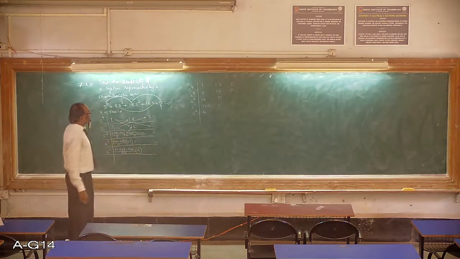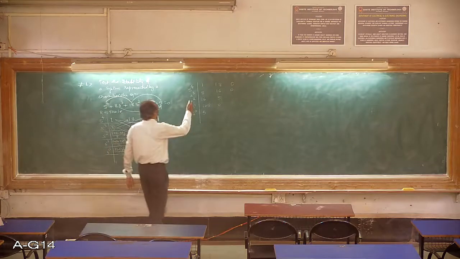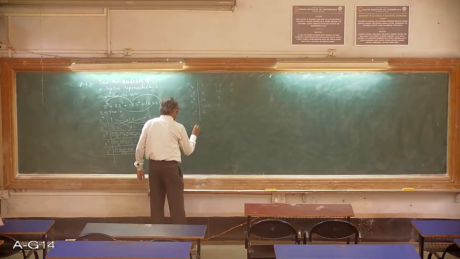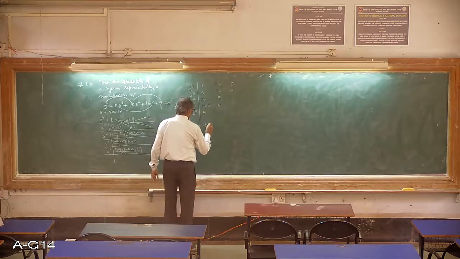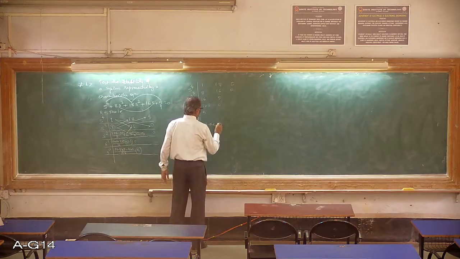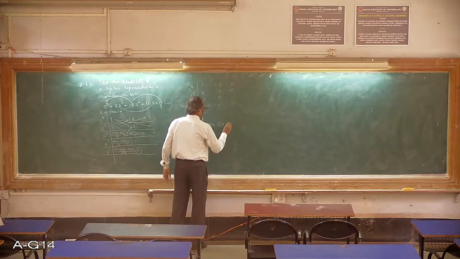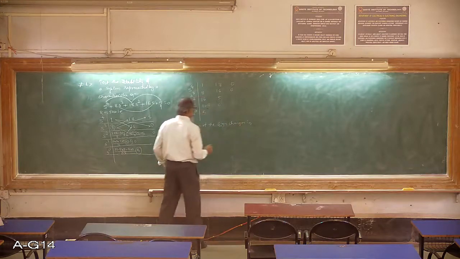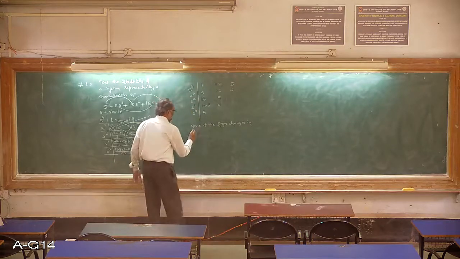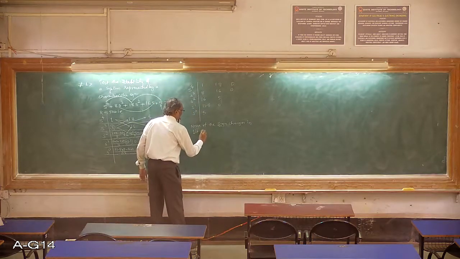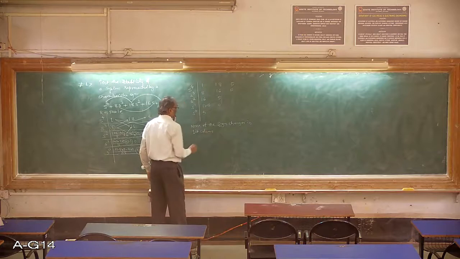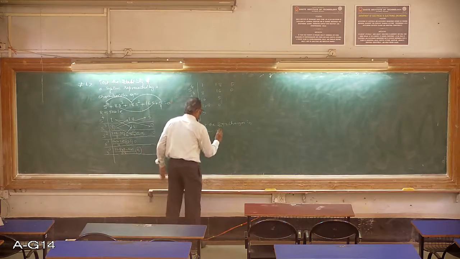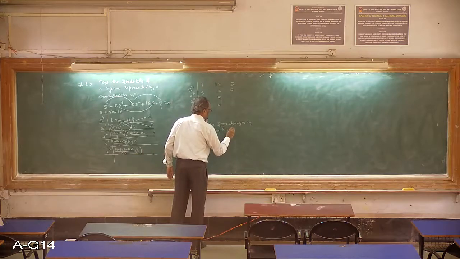Now, by observing the array table, there are no sign changes in the first column of the array table.